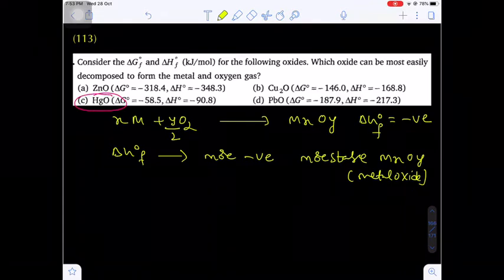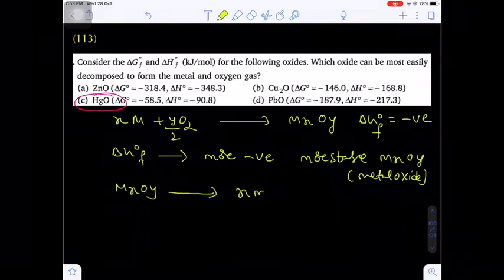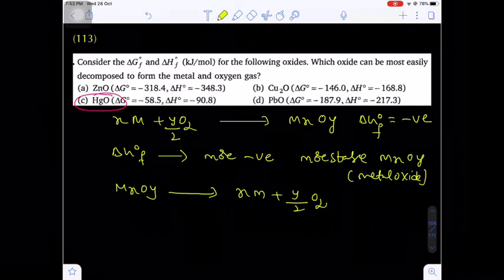That means for the decomposition of a metal oxide, that means if the metal oxide MxOy decomposes to give metal as well as oxygen, what happens? The less negative the delta G naught value, the less stable, and the more negative the delta G naught value, the more stable.